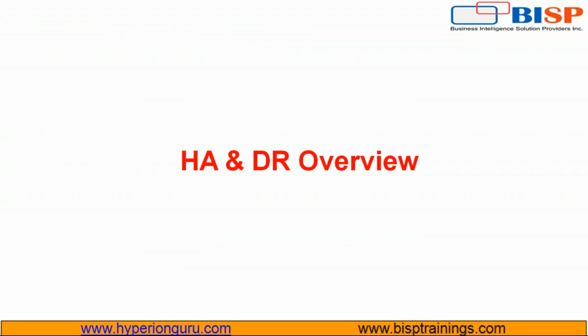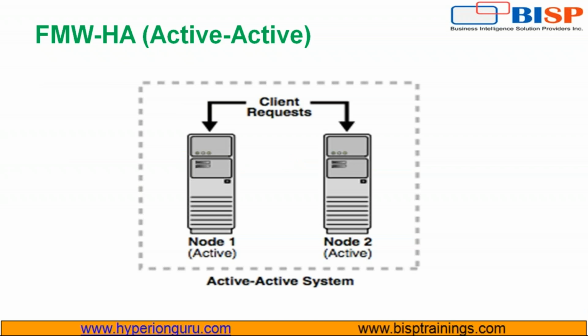Okay, so this is just about what HA and DR are. HA is nothing but high availability. So you have something in the active mode, and your client request can go to any one of them depending upon the algorithm you have chosen at the time of configuration, or depending on workload, so which one is free.